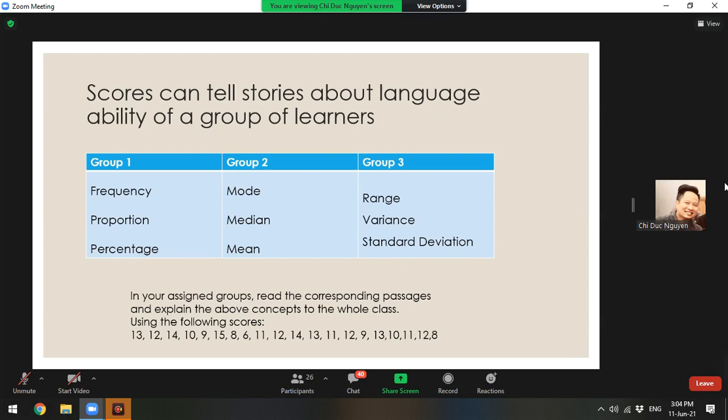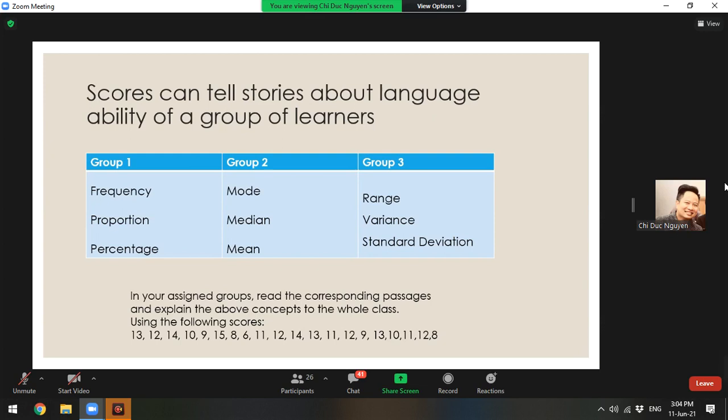Okay, and what about the variance? Okay, so for example, after the test, you would like to divide the group of students into maybe 5 levels.